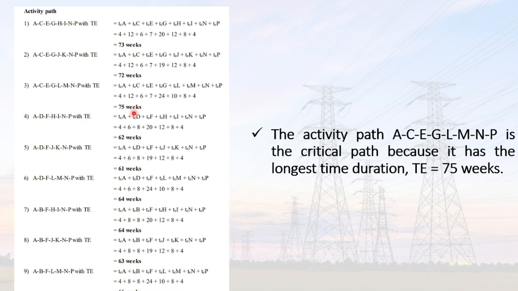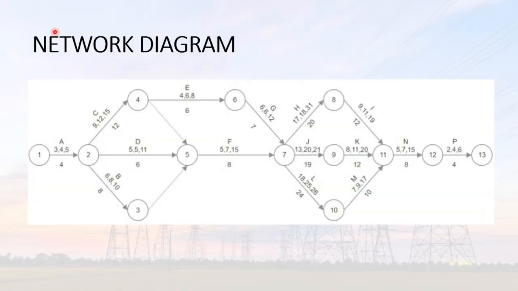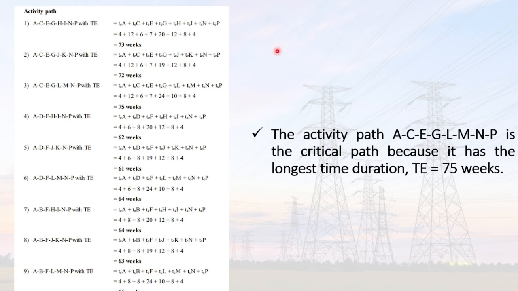So how can we get the activity path? We just refer back to our network diagram, for example A, C, E, G, H, I, and P. From the network diagram, we can see there are 9 activity paths.